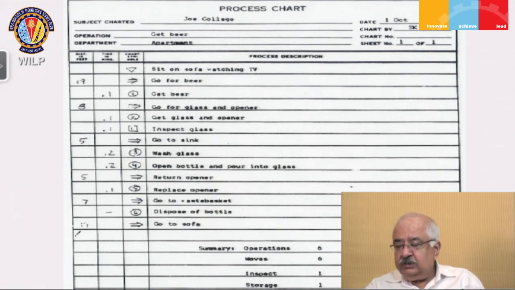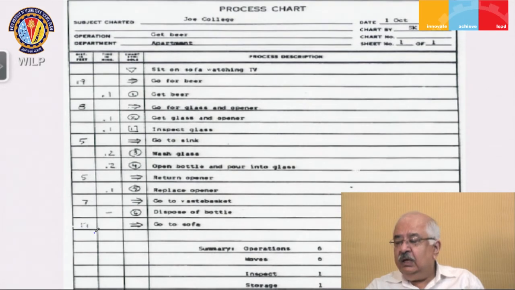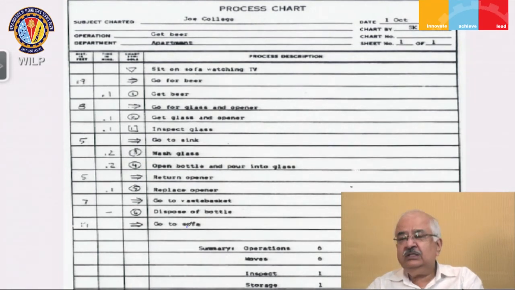And finally he walks back the 17 feet that he had come from to the sofa, and of course the next step would have been an operation, which is to drink the beer. But you basically get an idea of how this chart depicts the various steps required to complete this process of getting a beer.